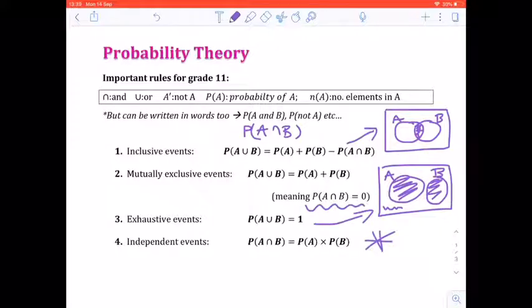So if you're asked about independence in a question, you just use this formula to show things are either independent or not independent. If it holds true that the probability of A and B is equal to the probability of A times the probability of B, that means the events are independent. If they do not equal, then you say the events are not independent.